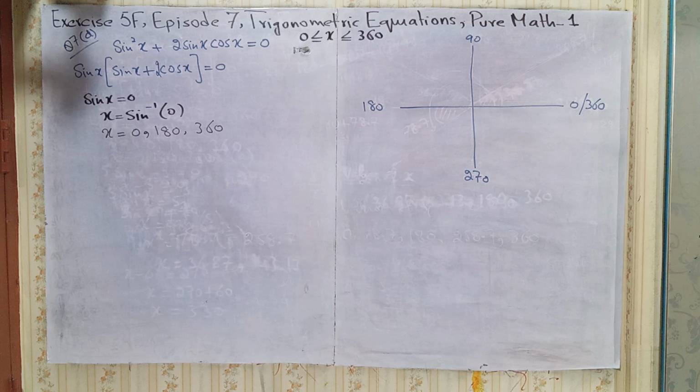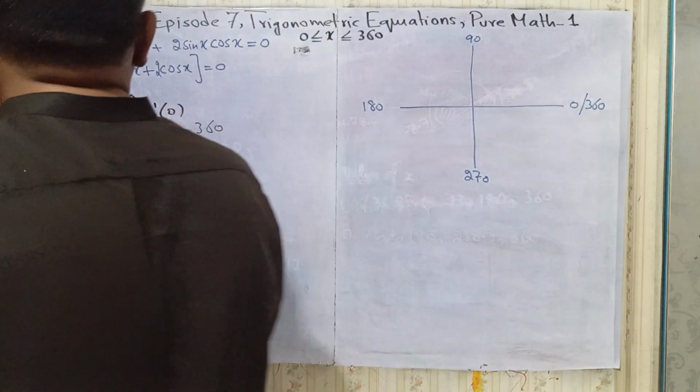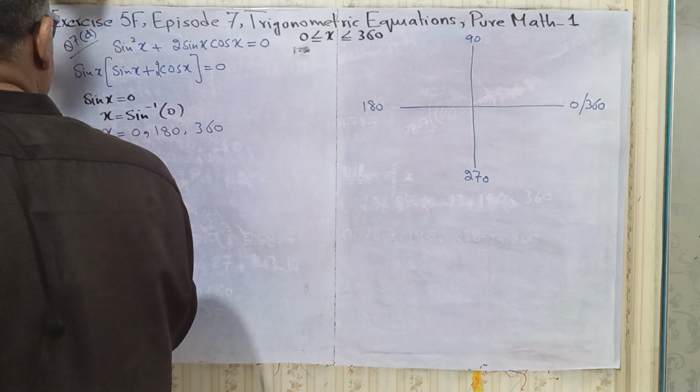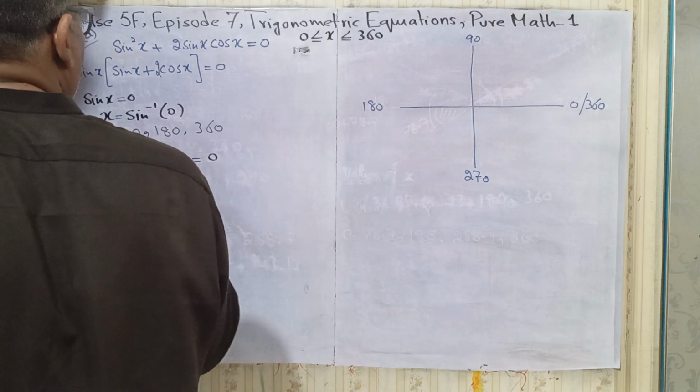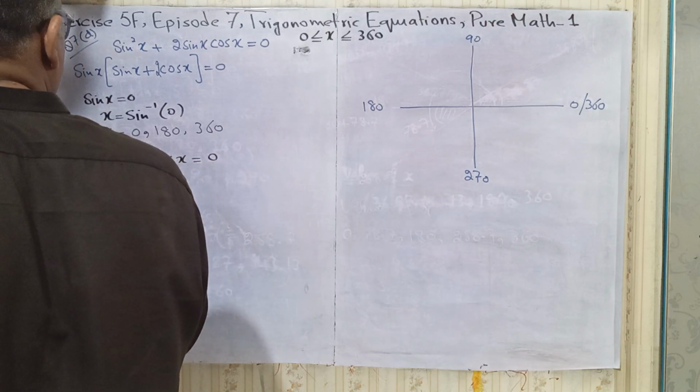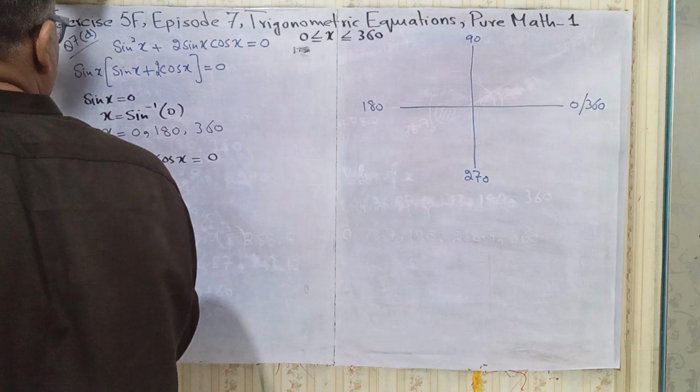Now I'm going to make the second expression equal to 0, which is sine x plus 2 cos x. Okay, so let's make them equal to 0. We'll have sine of the x plus 2 cos of the x is equal to 0. So divide them with the cos x.